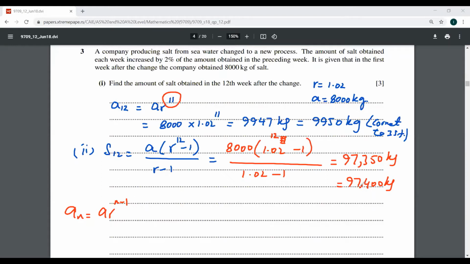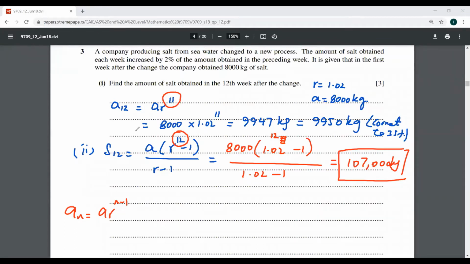So this is 107,000, correct to three significant figures. So that's my mistake. It has to be 12. I wrote 12 correctly here, but I just wrote this 11 here. So you see how careless I am.